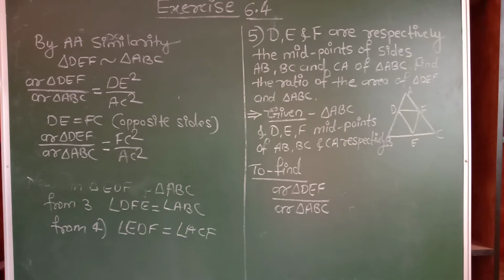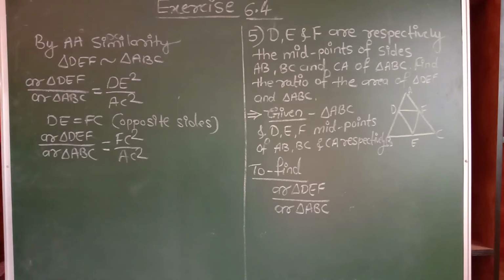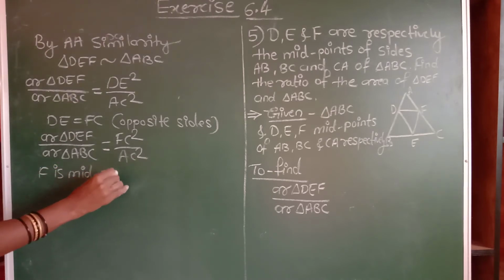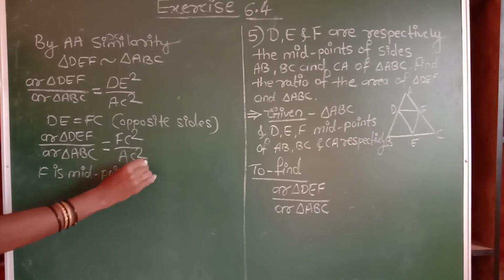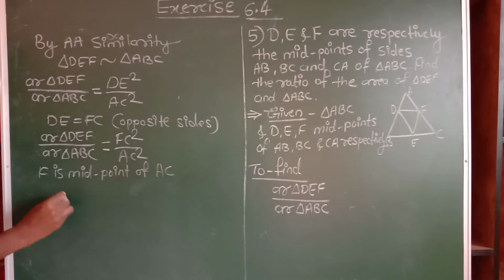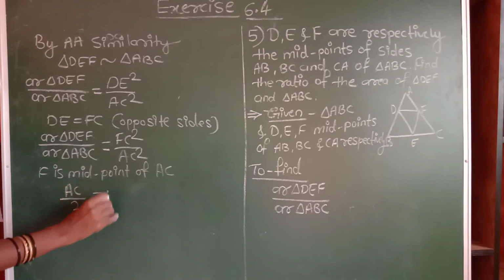F is the midpoint of AC, so we can write FC as AC by 2.